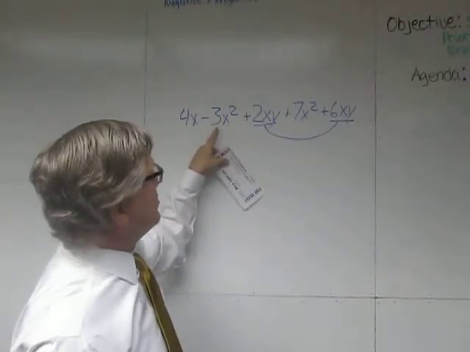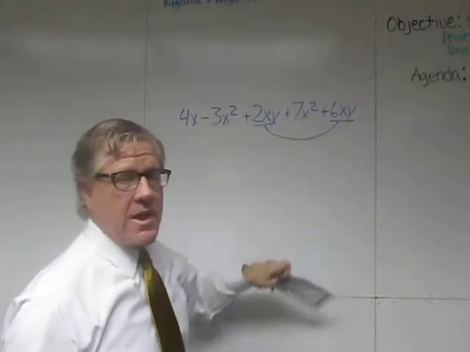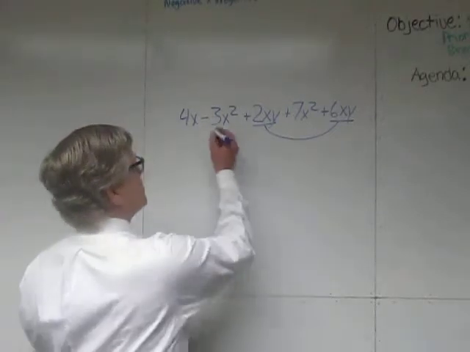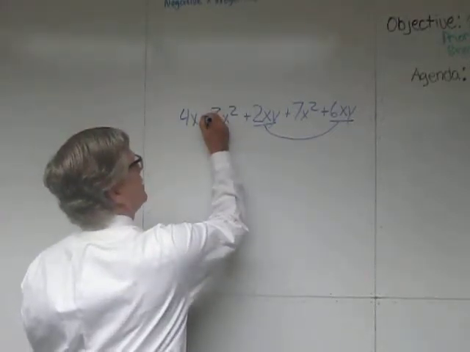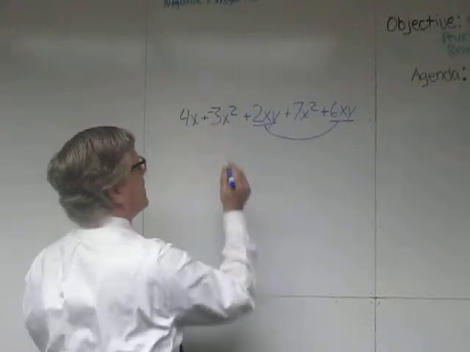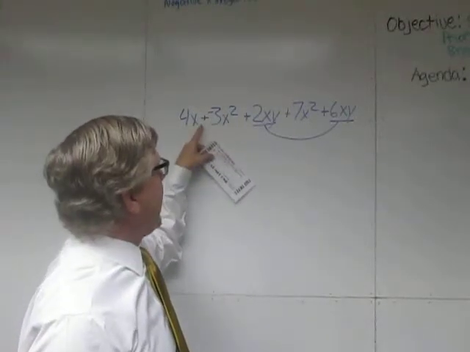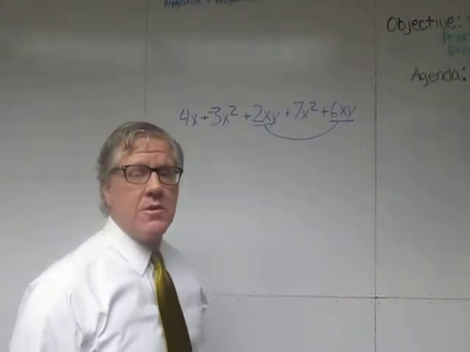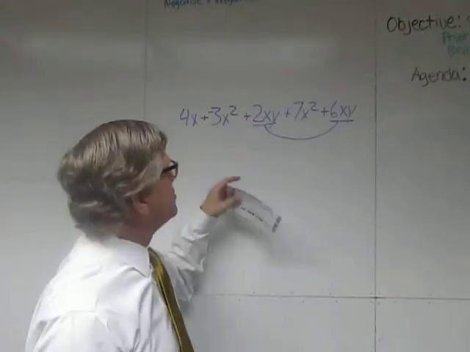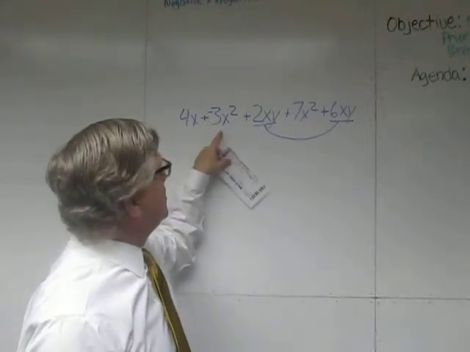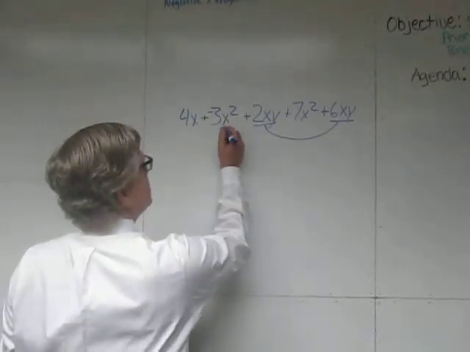We have negative 3x squared and 7x squared. Okay? This is just the same as adding a negative number here. Subtracting 3x squared is just like adding negative 3x squared. So let's do that. A lot of you are having troubles with that. So let's add these two together.